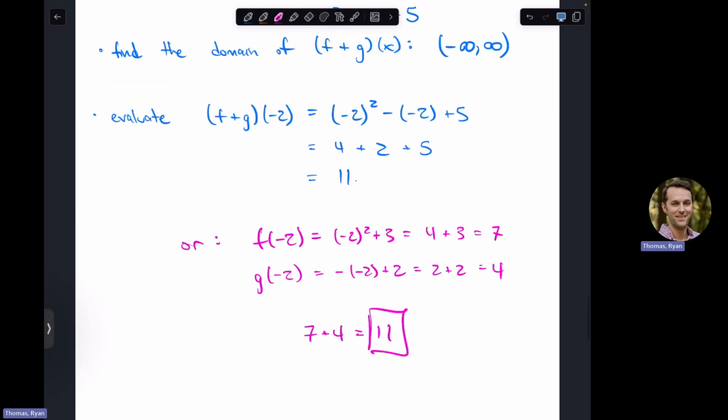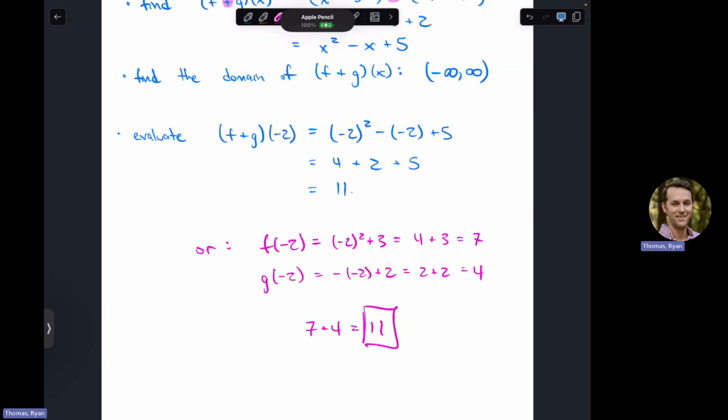So either way gets you to the same place. Depending on what we were trying to do, or the information we start with, one of these might be more useful than the other. But you end up at the same place either way, and that's just a property of how these things work.